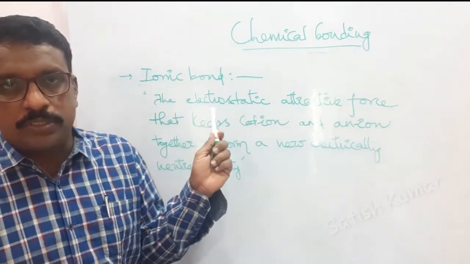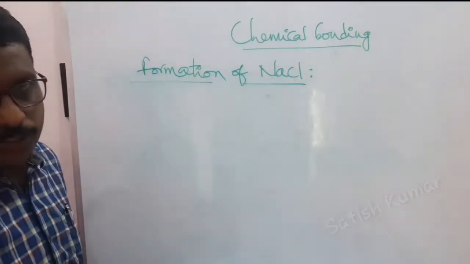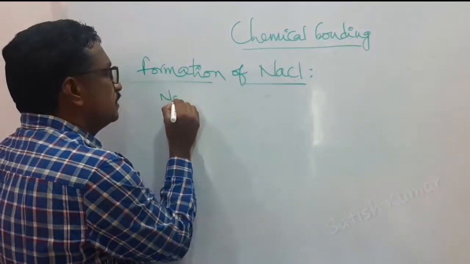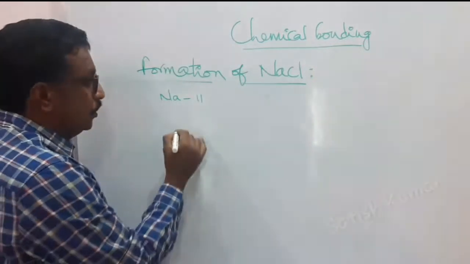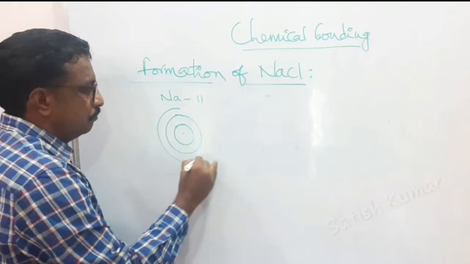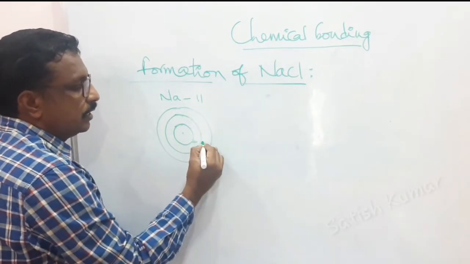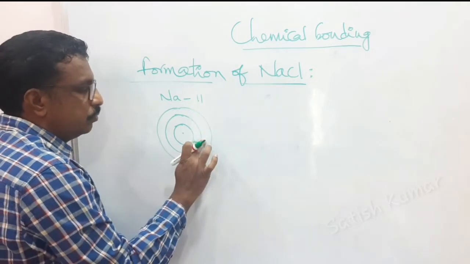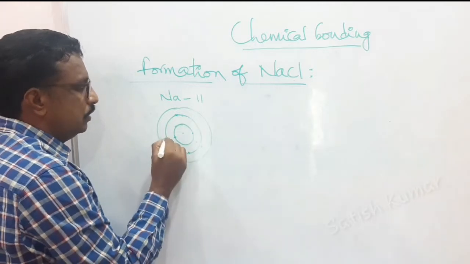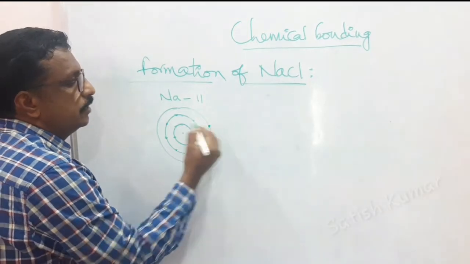Now for this ionic bond I am going to give you an example: formation of NaCl. So sodium has 11 electrons. This is the sodium atom. In the first shell there will be 2 electrons and in the second 8, and here it is 1.